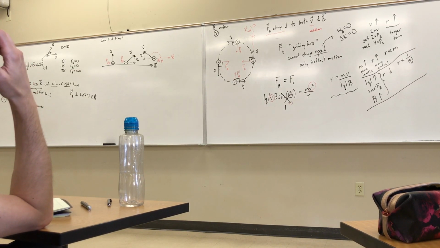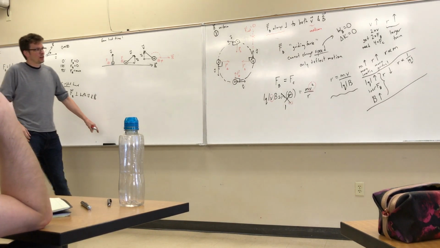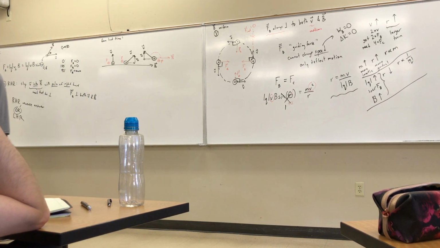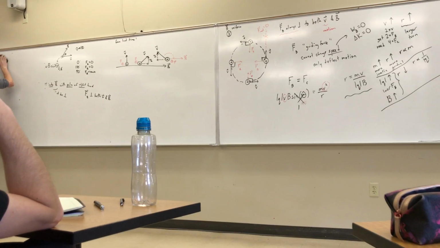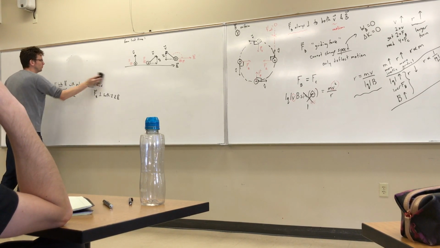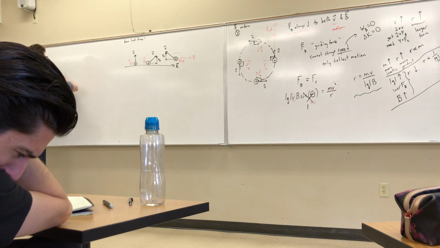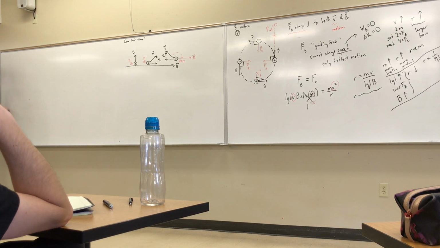So, with this, it's a good time to start making ourselves a little master chart of all the things that can happen with a particle if it gets thrown into a magnetic field, okay? So let me do that. So these are possible trajectories.